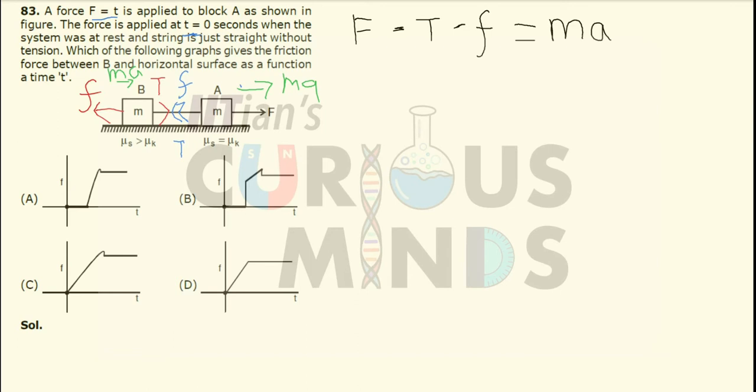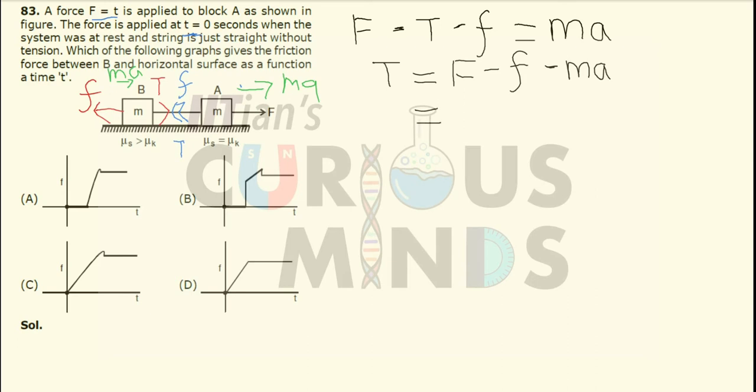This is the resultant force when the body starts sliding towards the right hand side. So now the tension force will be equal to F minus friction force minus ma. This is the equation of the tension for the first block.